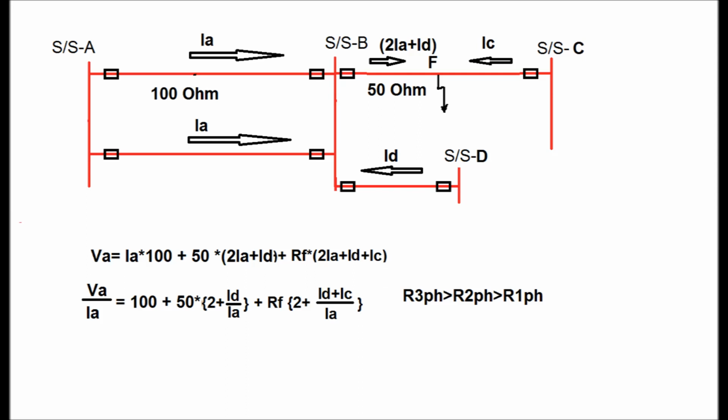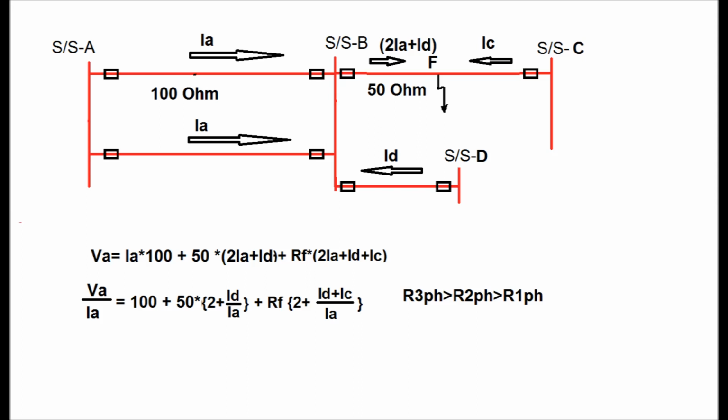From the substation A end both circuits feed the fault current equal to IA, from the substation D end it is ID, and from the substation C end it is IC, and from the substation B end it is 2IA plus ID, if the substation B end has no source.